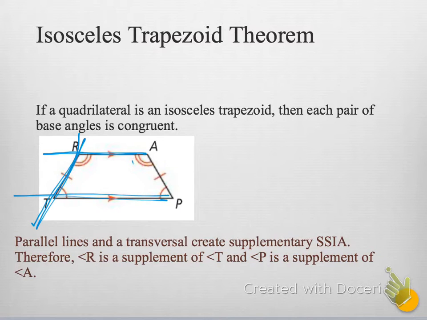Same side interior angles should always be supplementary. And angle R and angle T are supplementary, so they should add to be 180 degrees. That's why they're not congruent, but they are supplementary. So then, likewise, if you look, A and P are also supplementary.